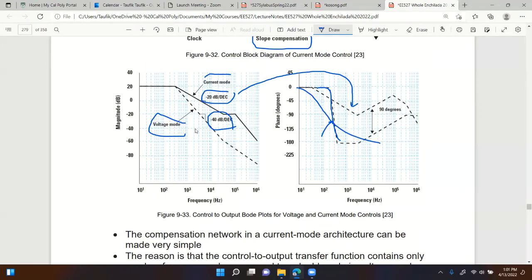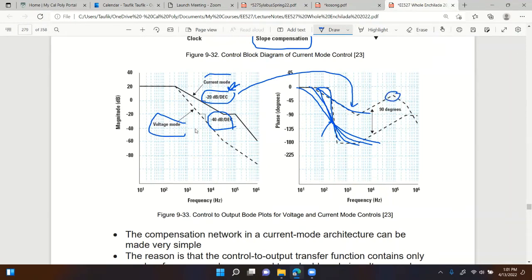So there's a lot of variation of the phase angle depending on Q, and this impacts how phase margin is provided by the controller. Whereas minus 20 dB doesn't have the Q effect. It's going to be just like that, minus 90 degrees.